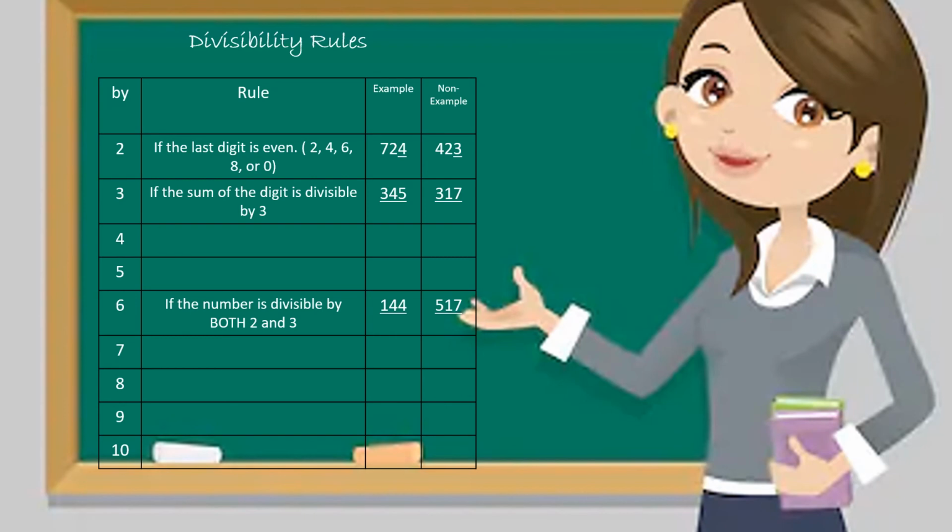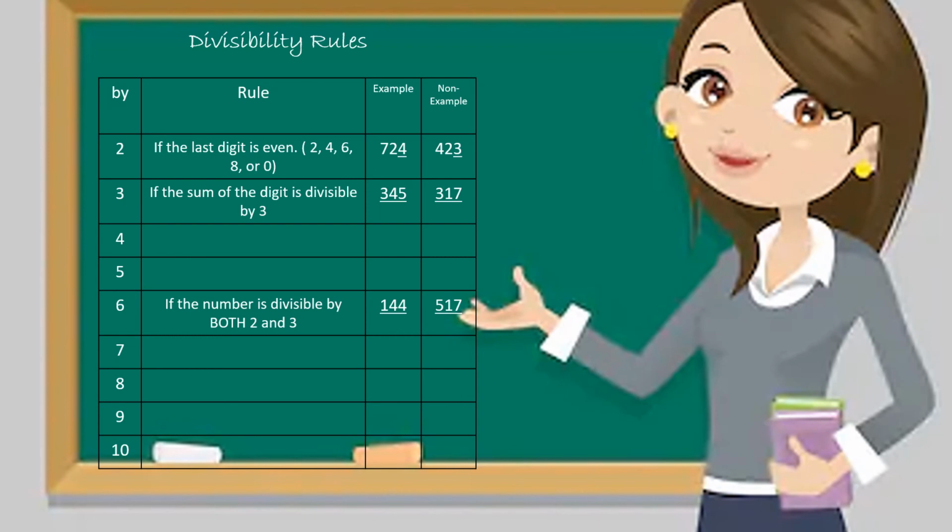So, let's have an example. 144. Tingnan natin kung ang dulo niya is even. So, ang dulo niya is 4. Yes, it's even. And tingnan natin kung ang sum ng digits na yan is divisible by 3. So, 1 plus 4, 5, plus 4, 9. Ang 9 is divisible by 3. So, yes, siya ay divisible by 6.